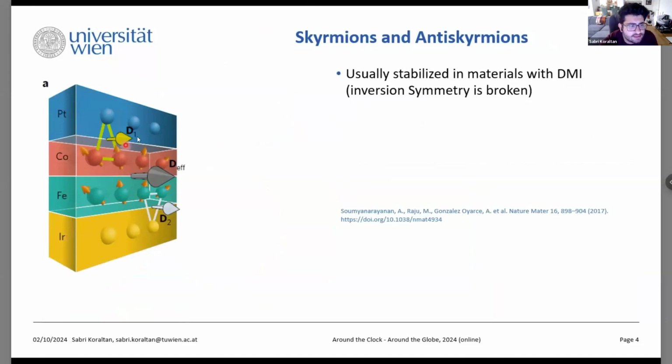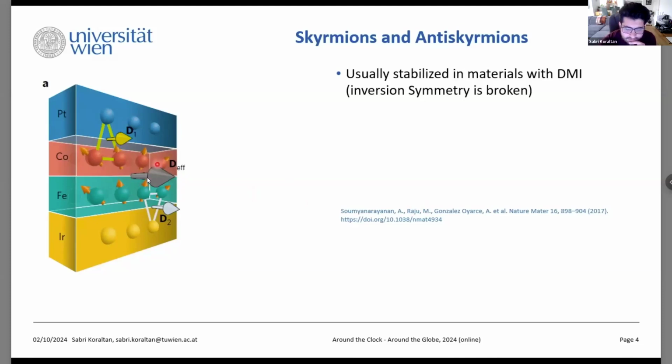And this gives rise each to a specific interface Dzyaloshinskii-Moriya interaction, so interface DMI, but on the ferromagnetic part, there is an effective DMI that acts. This also showed us that it's possible to use ferromagnetic multilayers to tune anisotropy, to tune density, and to tune the size of skyrmions, for example.